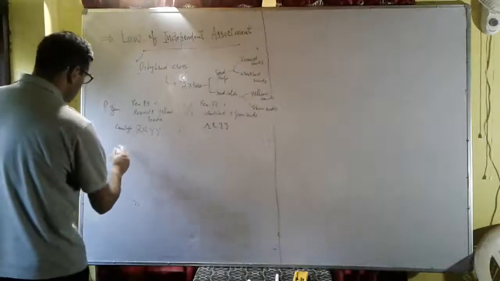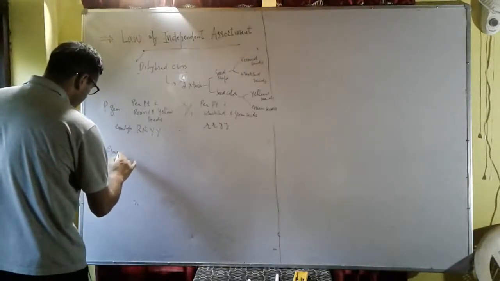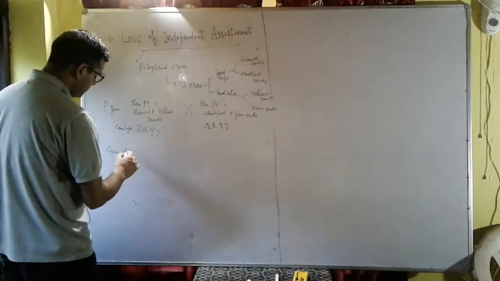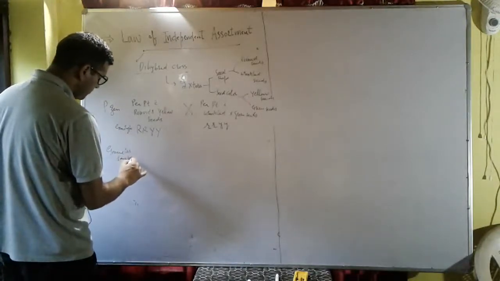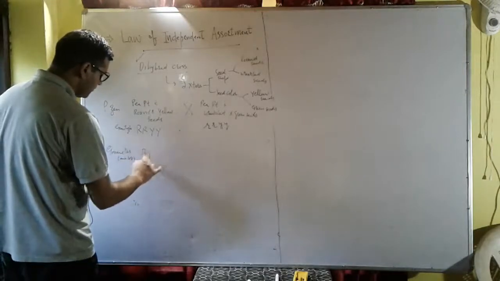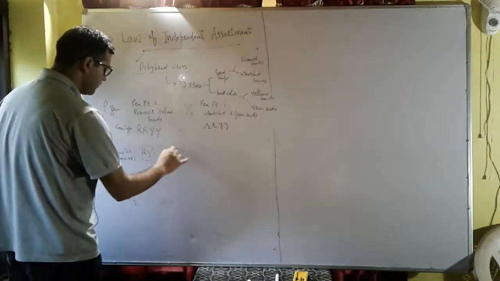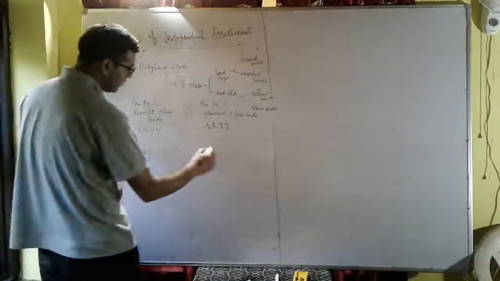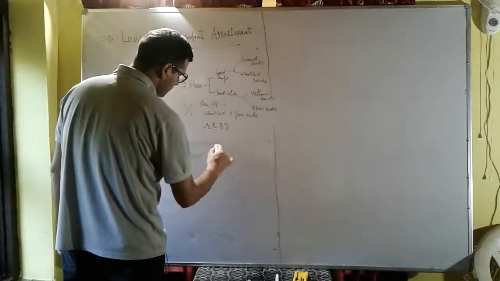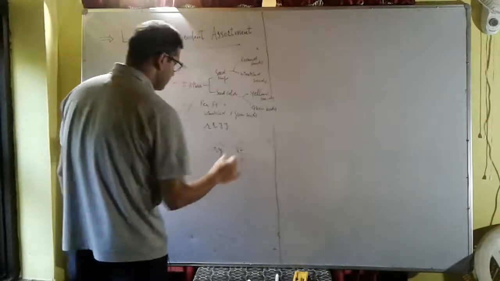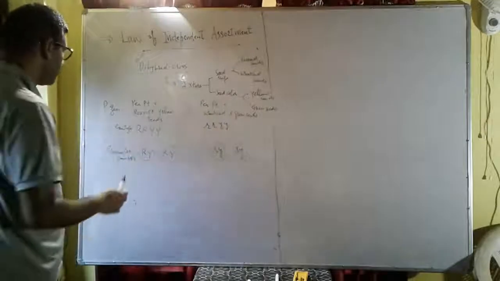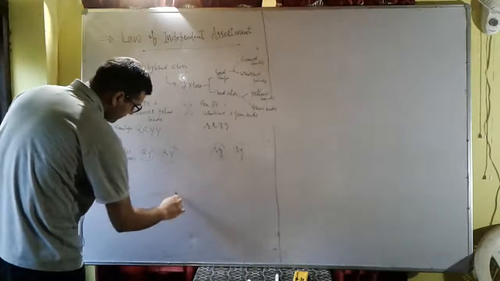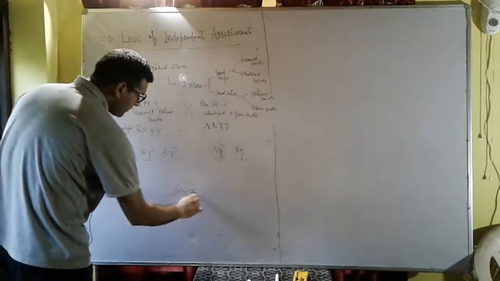Then we know that for gametes, the law of segregation will operate here. Gametes form by meiosis. So we have this gamete, capital R, capital Y, and capital R, capital Y. How many types of gametes? Two types of gametes are formed. Then we have the F1 generation: capital R, small r, capital Y, small y.